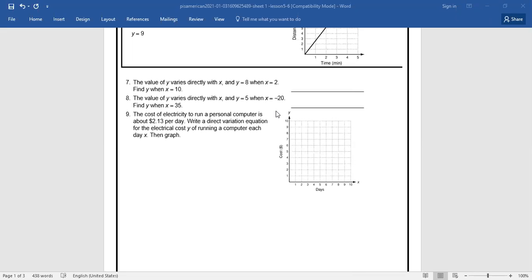Yes, it is a special case of linear relationship. What is the general form for the direct variation? y equal kx. And what is the value of k? Constant value of variation.